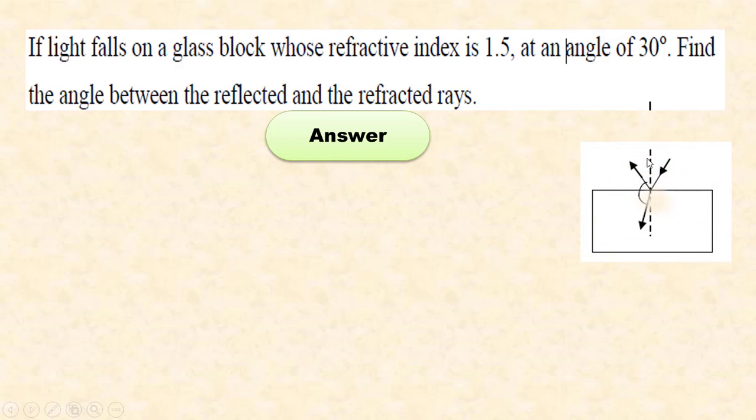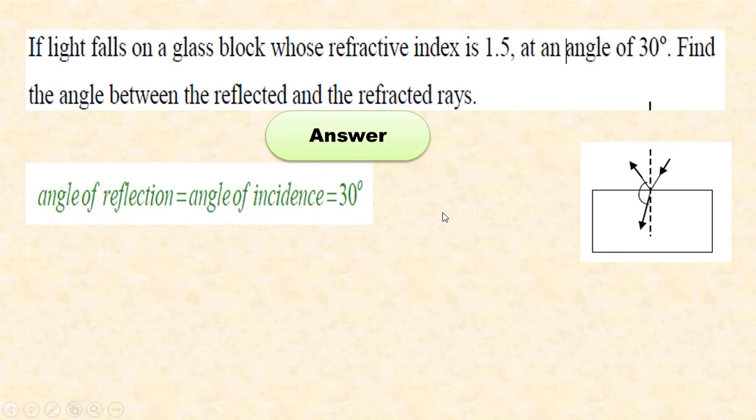Okay, look at this. The question now: this is the angle of incidence, 30, and this is the angle of refraction, which I can calculate. The question asks for the angle between the reflected ray and the refracted ray, these two rays. I'd like to get this angle. Number 1, the angle of reflection equals the angle of incidence, 30, so this will be 60.